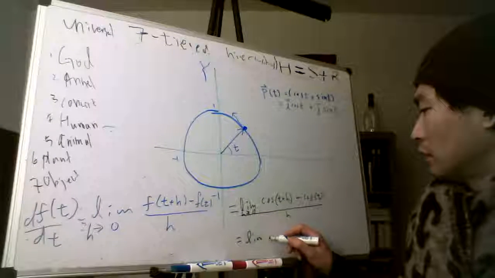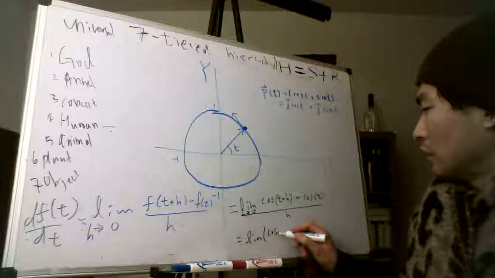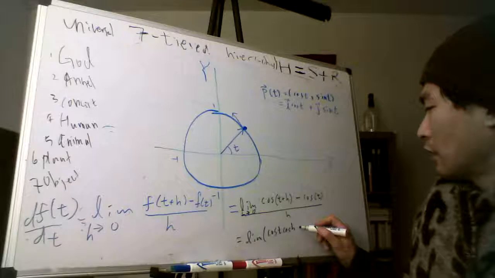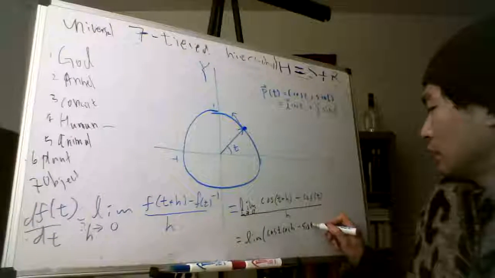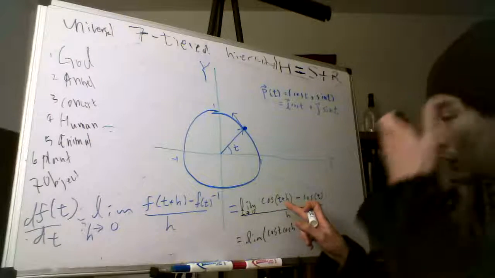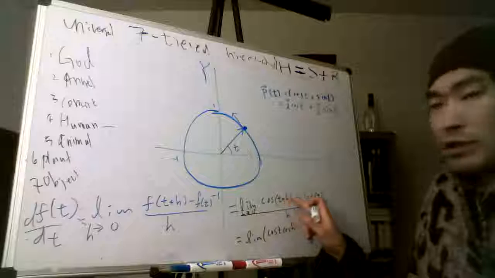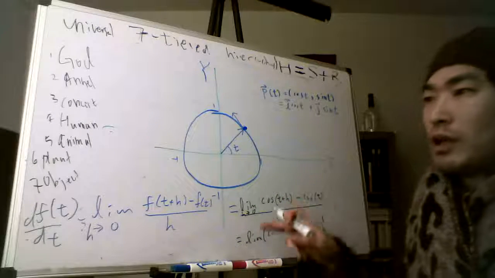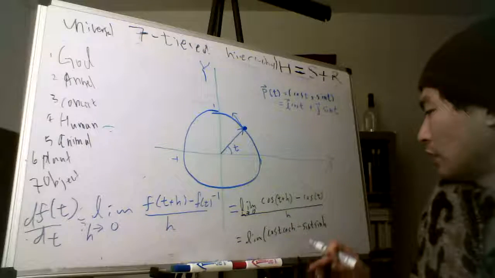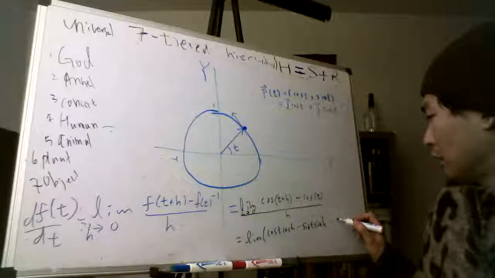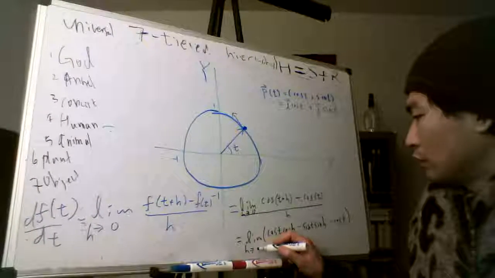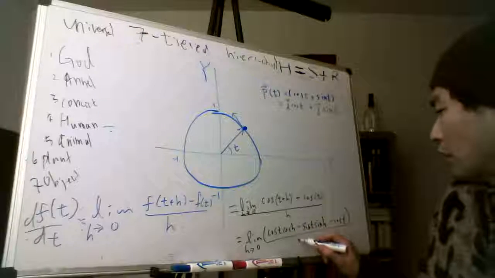Limit of cosine t cosine h minus sine t sine h. We are using the trigonometric identity: cosine a plus b is equal to cosine a times cosine b minus sine a times sine b. It's just a trigonometric identity. Minus cosine t, when h is going to 0, over h.